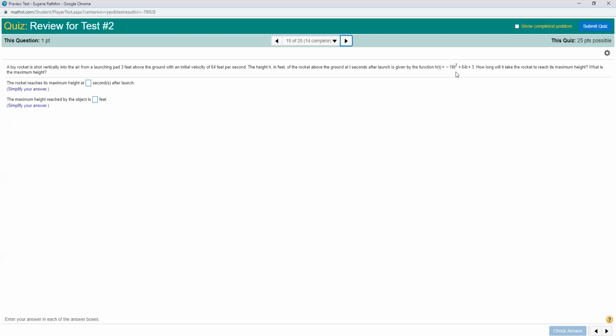So first, let's get the time. So time will be like the x, that's going to be negative b over 2a, which will equal negative 64 over 2 times negative 16. That gives me a negative 64 over a negative 32.